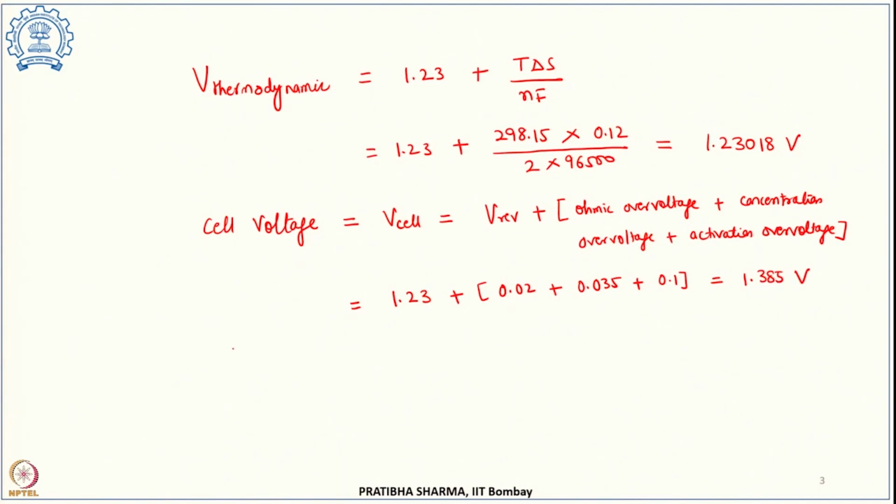So, the question in the problem is we have to find out the voltage efficiency, which is eta V, and it is the ratio of thermodynamic voltage and the cell voltage.